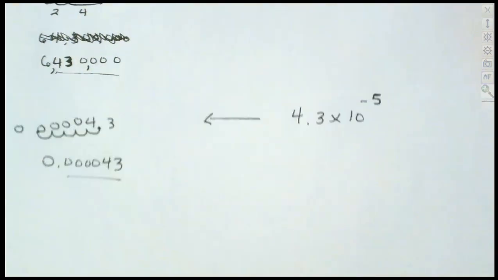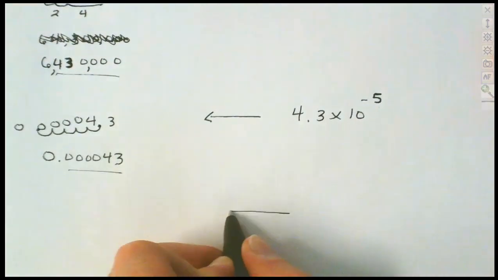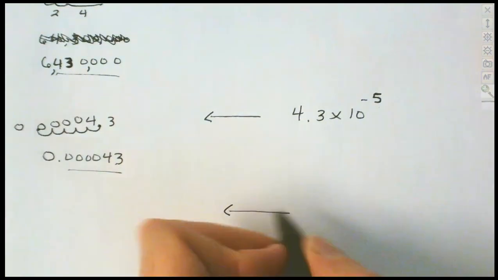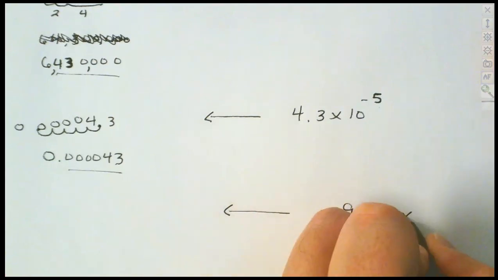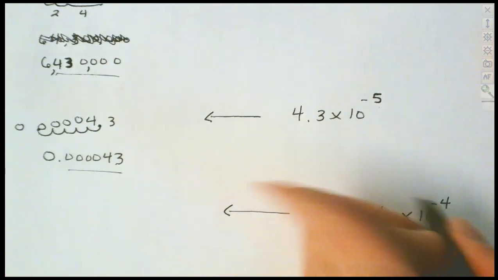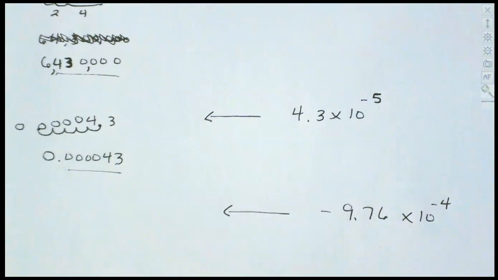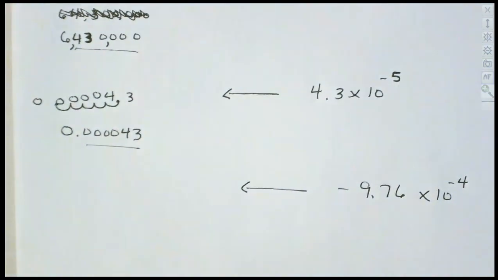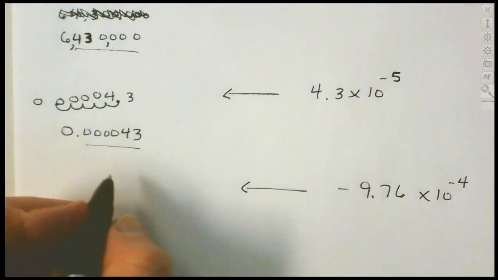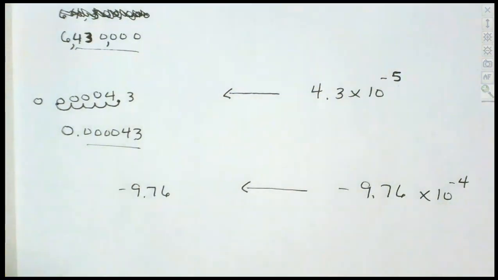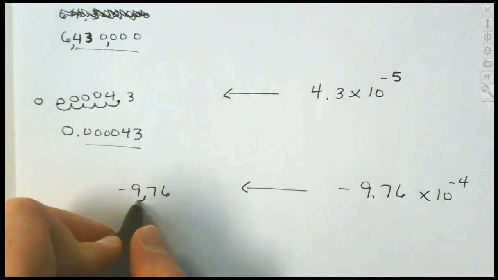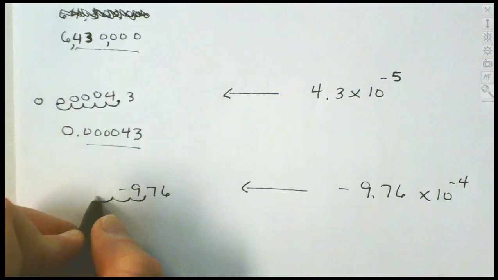Let's do one more, and then we'll start talking a little bit about polynomials. How about minus 9.76 times 10 to the minus 4th power? So let's convert that. What's that one going to convert into? Now the negative still stays with it. And we've got a negative 9.76. And we want it the negative 4th, so we've got to go 1, 2, 3, 4.